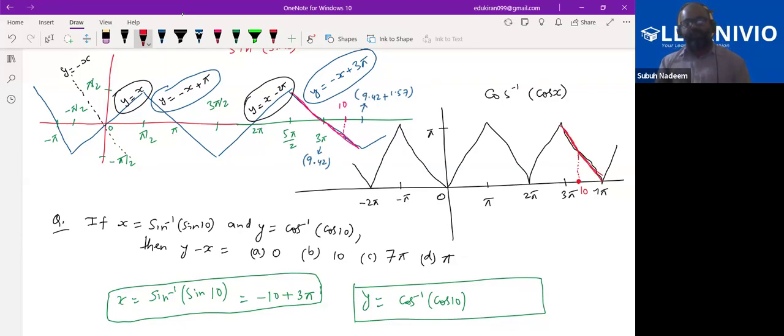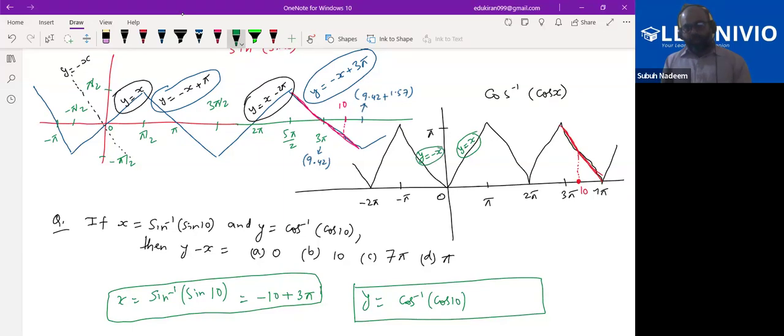Can anyone tell? If you observe, this line is y equal to x, right? This is the identity function here. And this is y is equal to minus x.